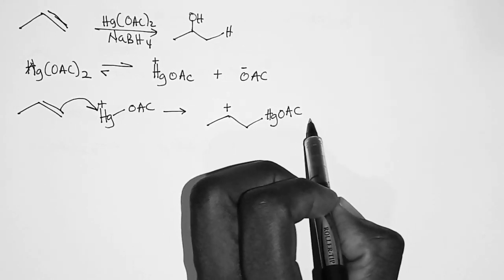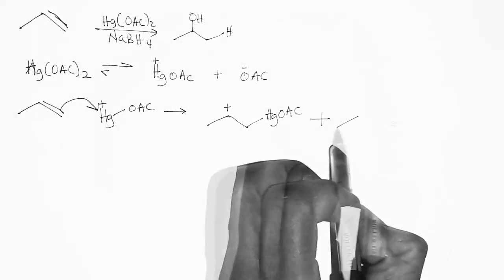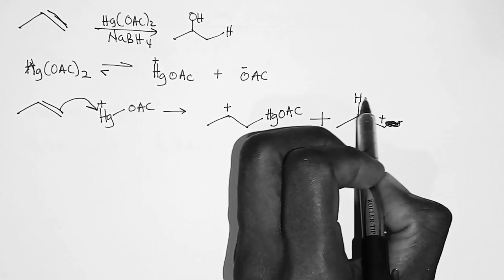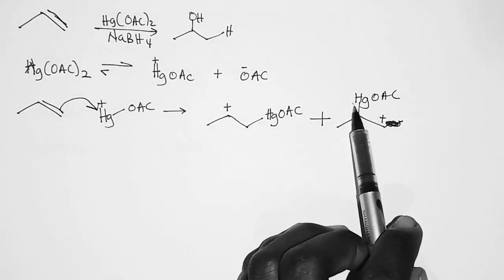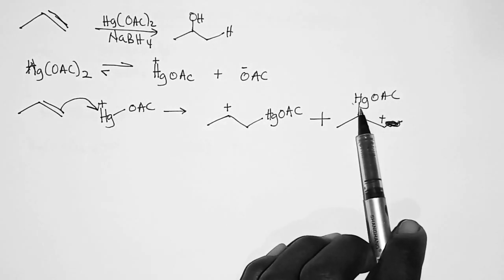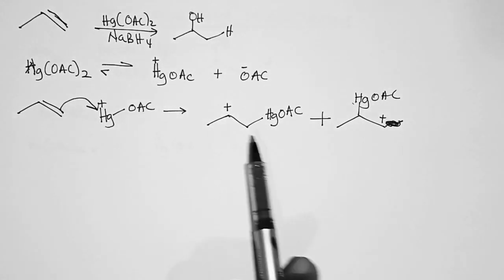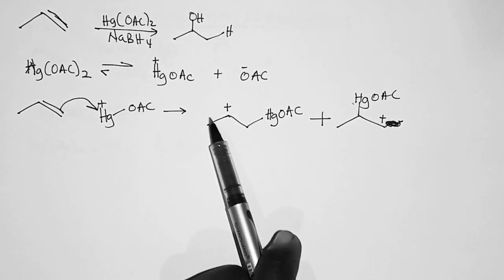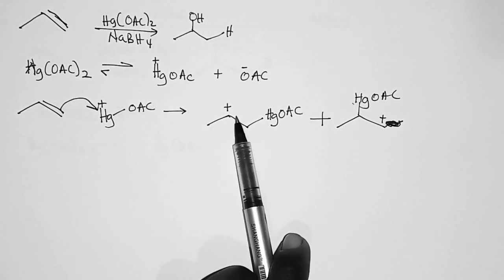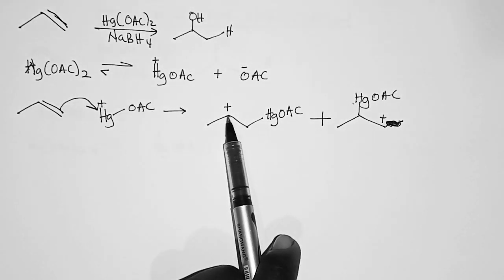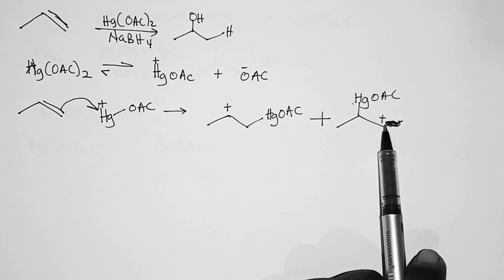Or another possibility is that the mercury acetate can be substituted on this side, and then we will form a primary carbocation on this primary carbon. Now, we see that this reaction will favor this intermediate, and the reason is because this is a secondary carbocation and this is a primary carbocation.